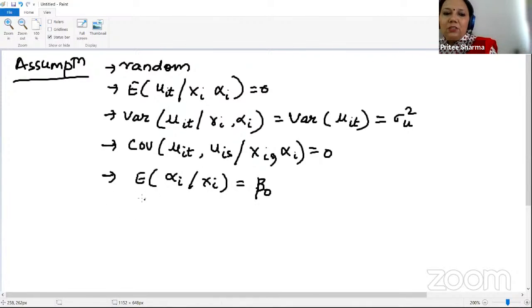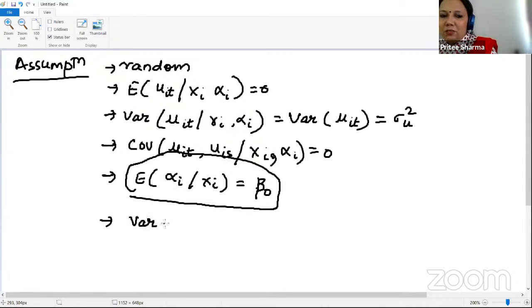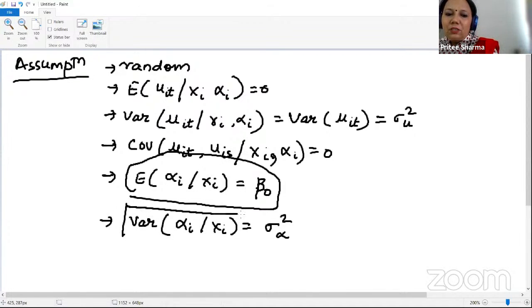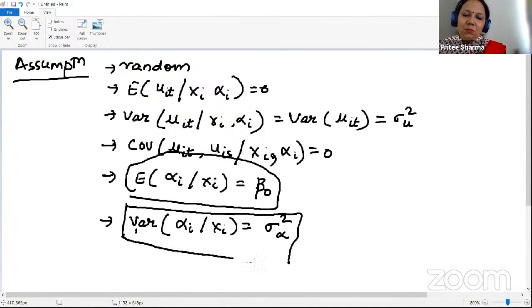All right, this is the difference in the assumptions in REM, and the variance of alpha i conditional upon xi is sigma alpha square. These two things are different compared to the assumptions we made in first differencing as well as the fixed effect model.